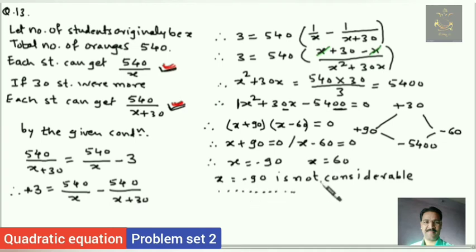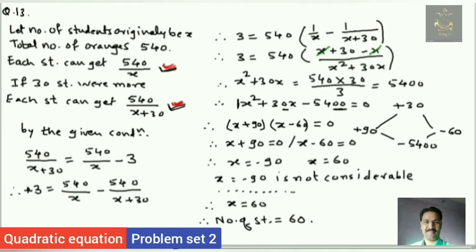Originally the students were supposed to be x. So the number of students can never be negative. Therefore, x is equal to 60. Therefore, number of students is equal to 60.